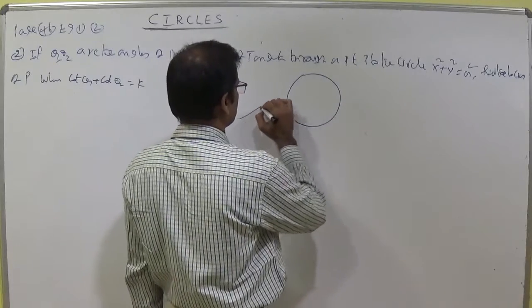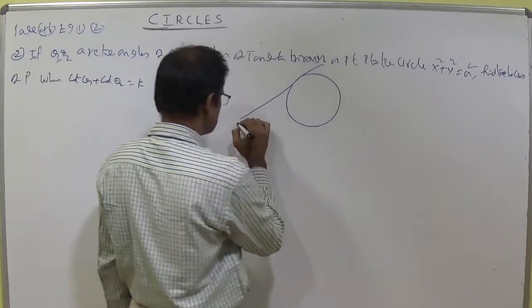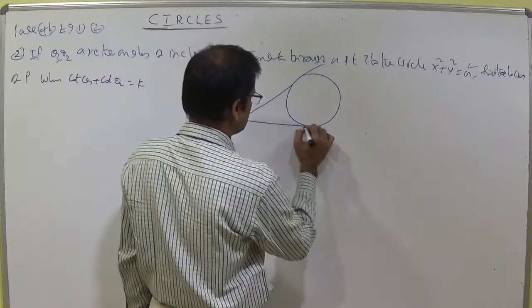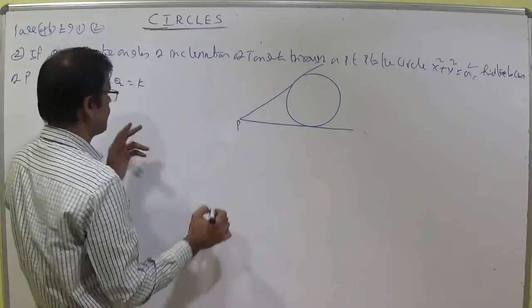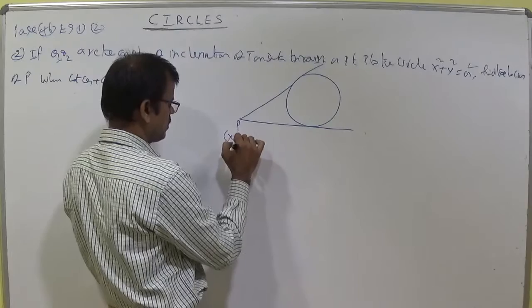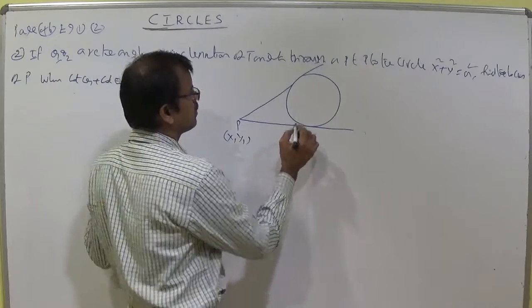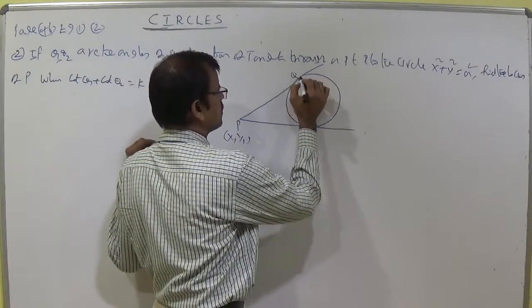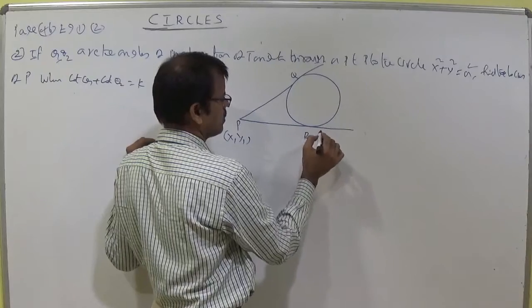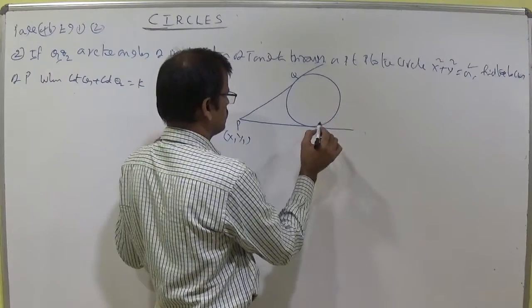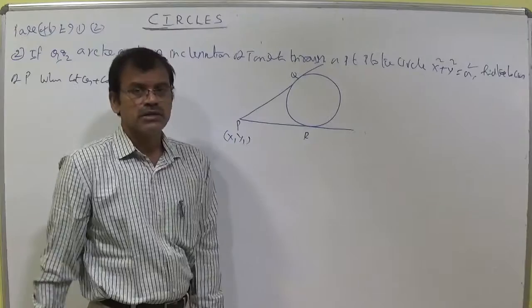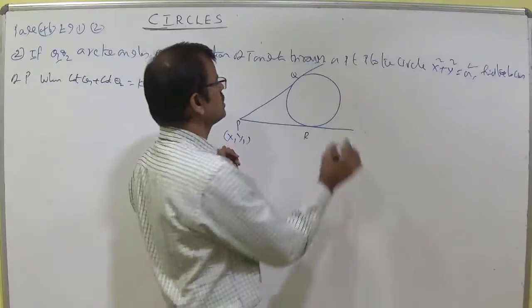For example, P, this is a tangent. P is an external point (x1, y1), and the tangents touch at Q and R. So he is discussing with us the inclination.